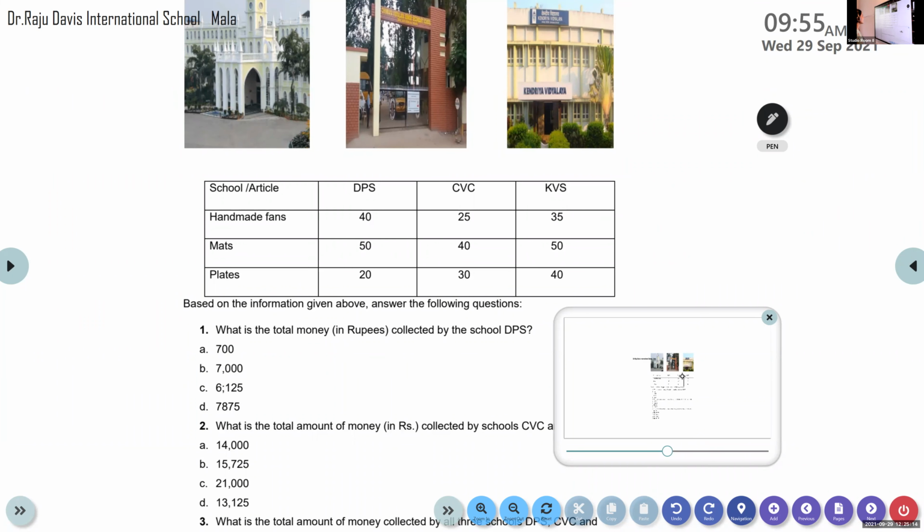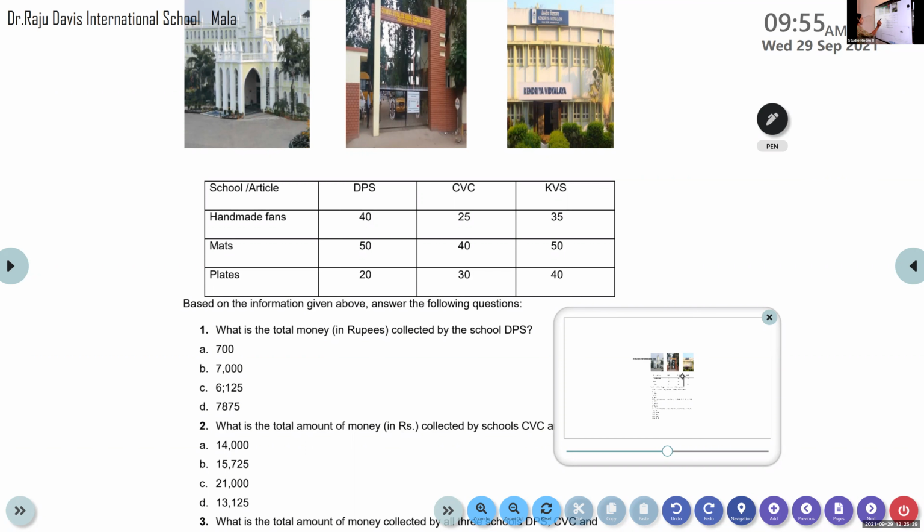In your question booklet, you can see like this. Now listen. School name and what is the article? DPS, they sold 40 fans, 50 mats, and 20 plates. CVC, they sold 25 fans, 40 mats, and 30. KVS, like this, the data is given.